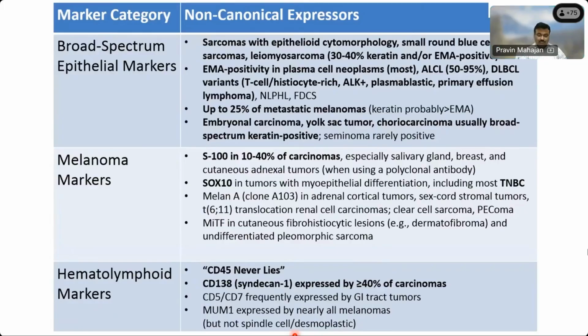MUM1 is a very good marker, as I mentioned, for proving it is something like a lymphoid tumor, right? But it is almost always expressed in melanoma, especially epithelioid type melanoma, not the spindle cell ones. So you just have to remember all these caveats, all these exceptions, so that you become a good histopathologist.